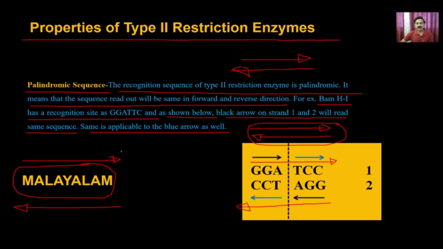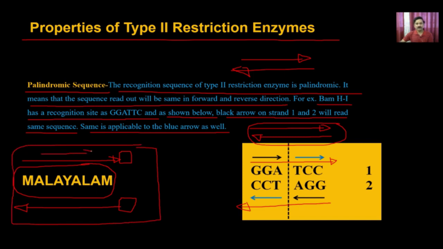So this is a pattern which is called the palindromic sequence or palindromic pattern, where, whether you read to the left side or to the right side, if the reading is the same, then you can call that this particular word or sequence is palindromic in nature.